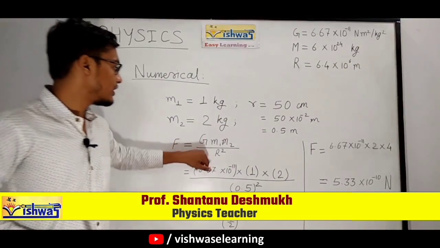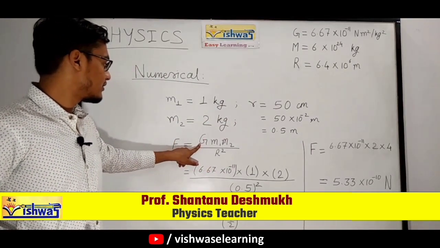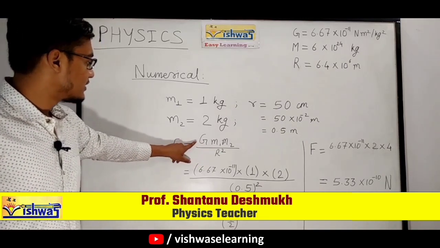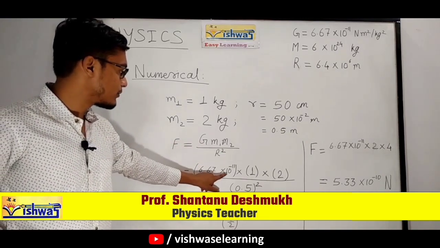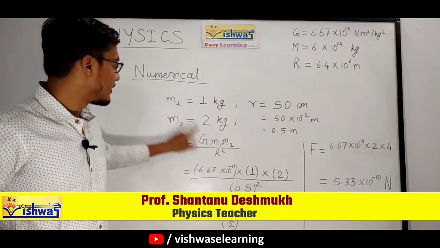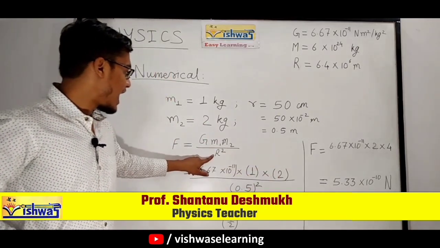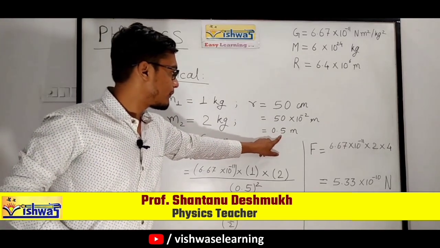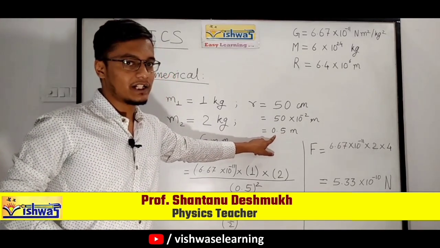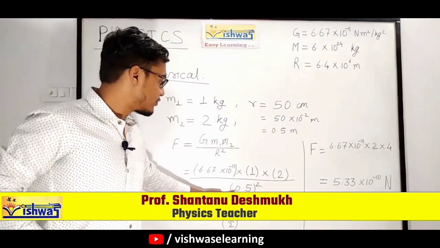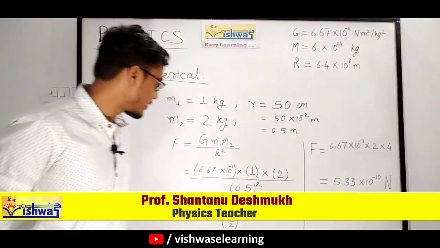Now we will put all these values in our gravitational force formula. G stands for 6.67 into 10 raised to the power minus 11, m1 stands for 1, m2 stands for 2 kg, that is 2, and r stands for 0.5 meter as we have calculated before, that is 0.5 squared.